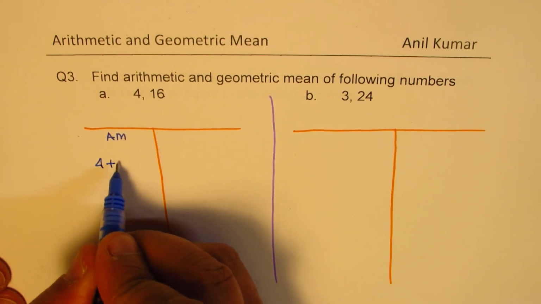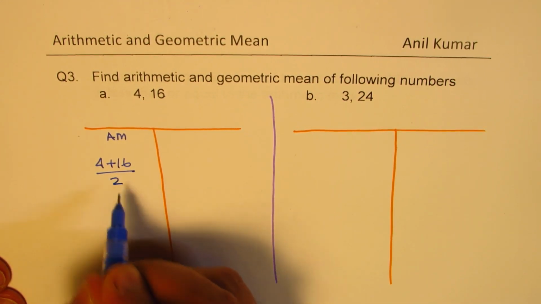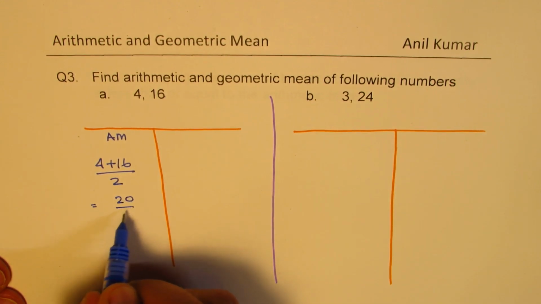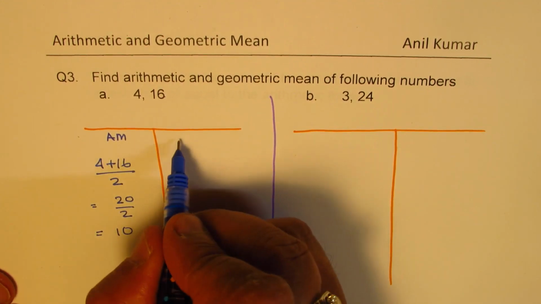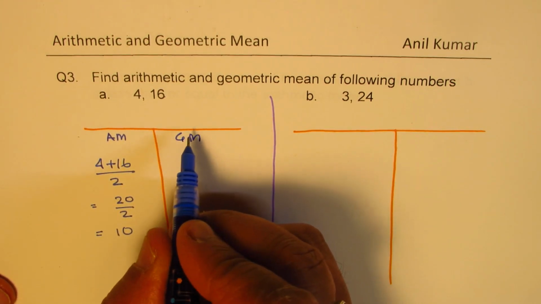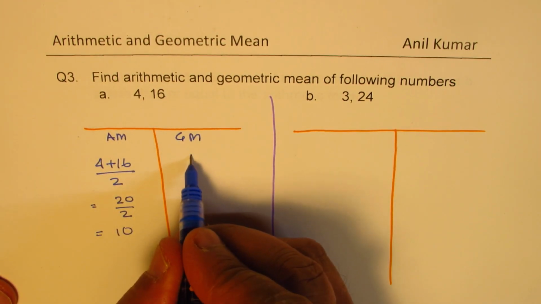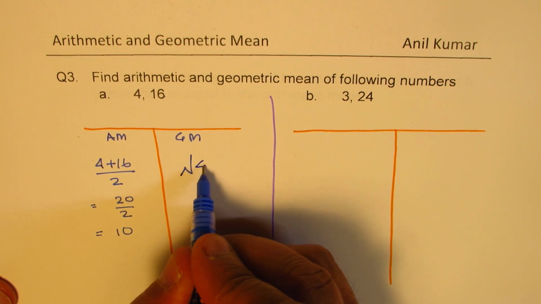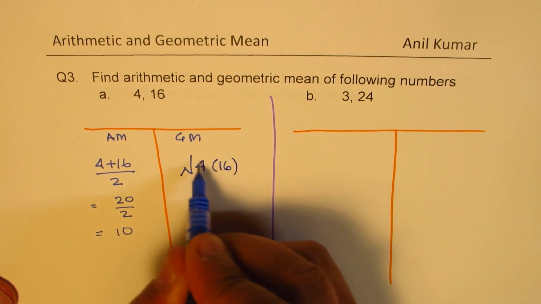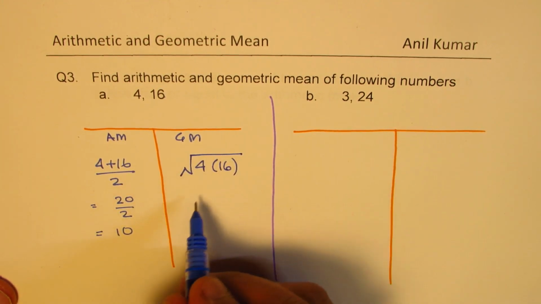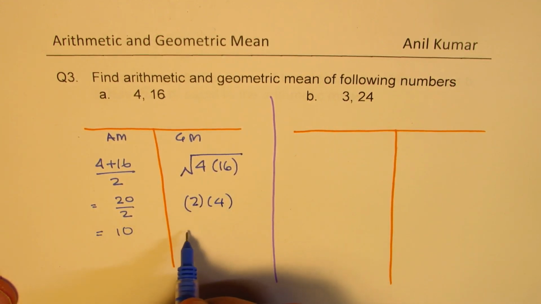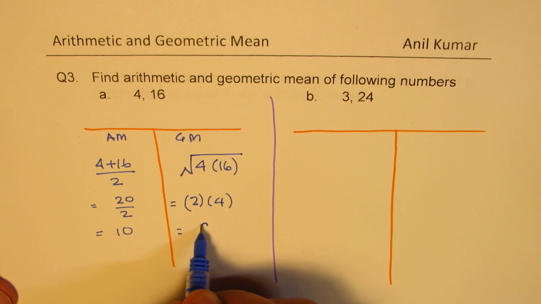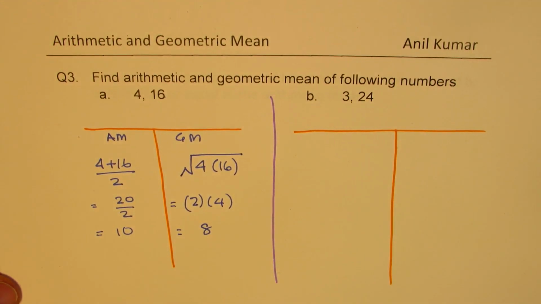Basically you add them and then divide by 2, correct? So we have 20 over 2. So we get our answer as 10. As far as the geometric mean is concerned, you need to multiply them and then take the square root, correct? So the square root of 4 times 16 is basically 2 times 4, which is equal to 8, correct? So that is the geometric mean.